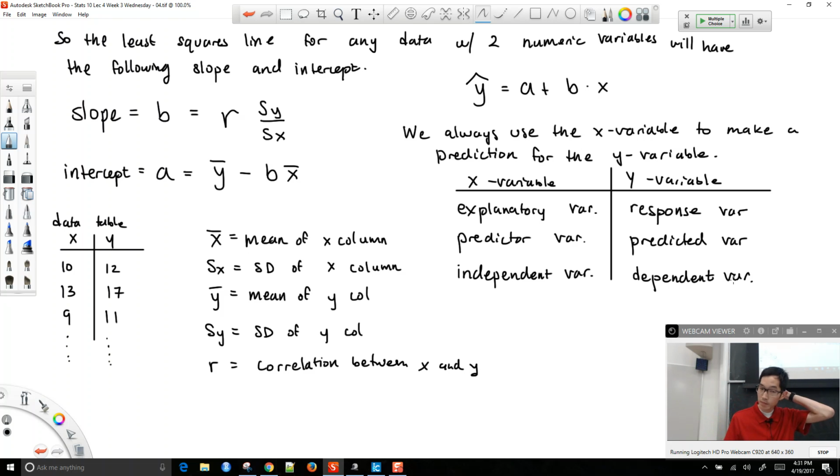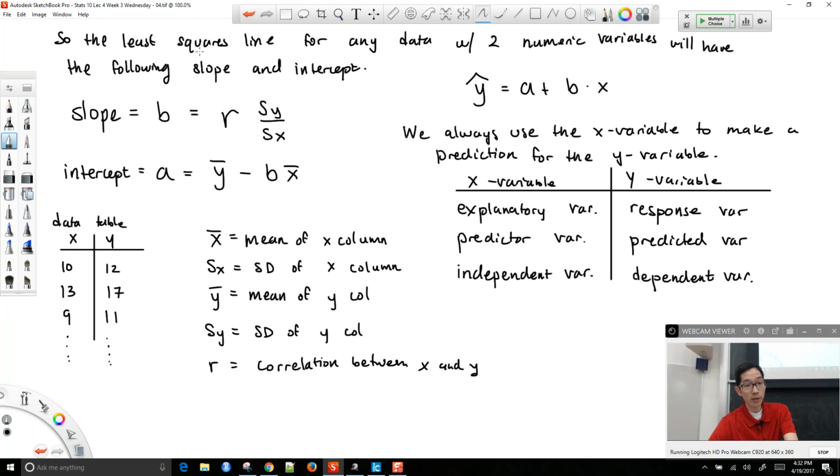Just in general, there might be a cause and effect relationship, but when you present your research findings to someone and you use terms like independent and dependent variable, people who aren't too familiar with statistics may walk away thinking that there's a cause and effect relationship when there may not necessarily be one. There could be one, but not necessarily so.